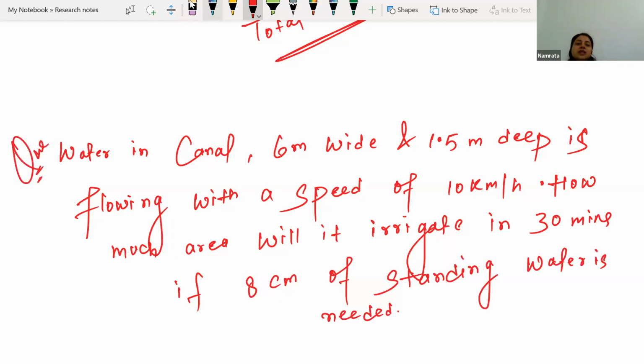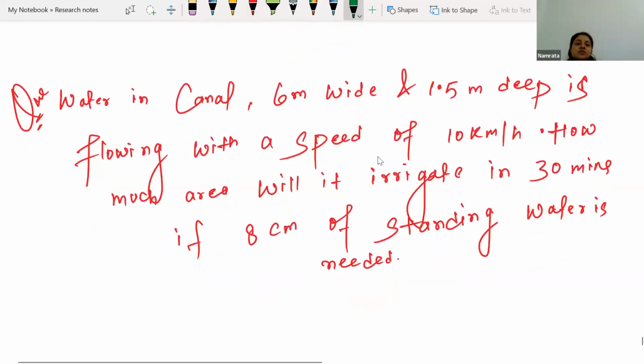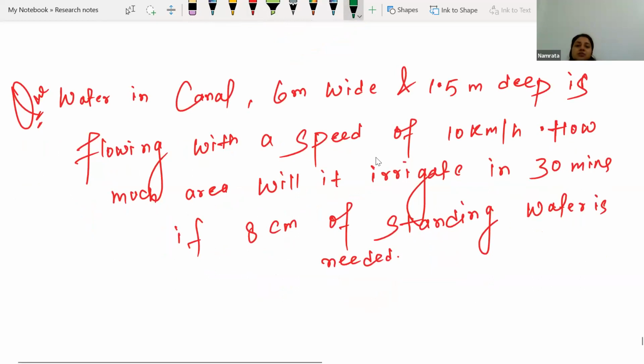Let's see what exactly the question says over here. Water in a canal which is 6 meter wide, 1.5 meter deep. So the canal has the shape of a cuboid.